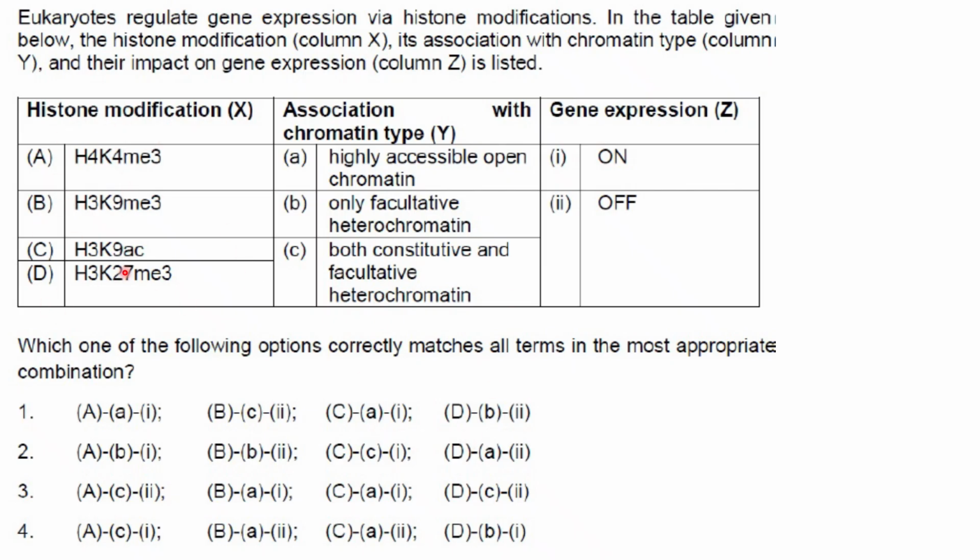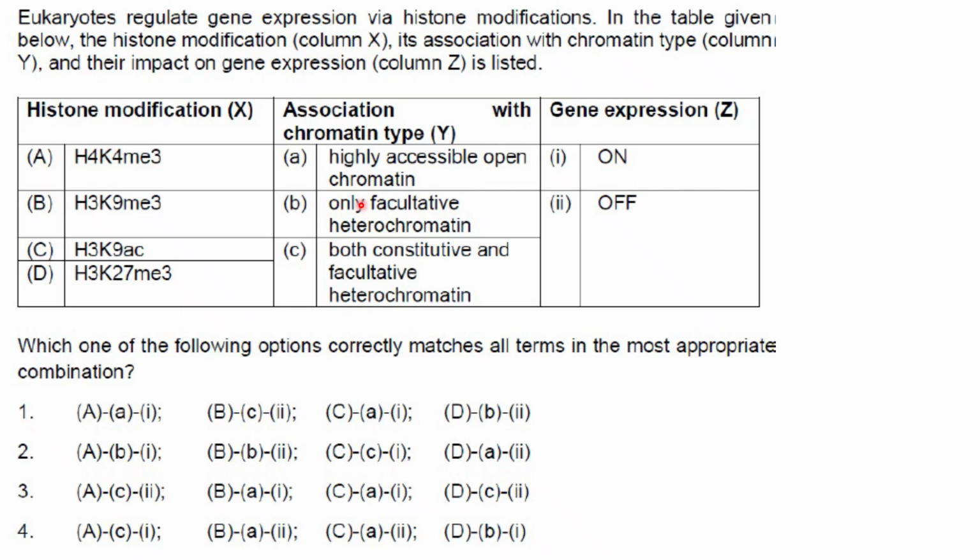Now come to these. Here also you have to learn by heart many of these histone modifications and what they do, whether they turn on the gene or turn off the gene. So the first one, H4K4Me. So histone at lysine 4th position is methylated.